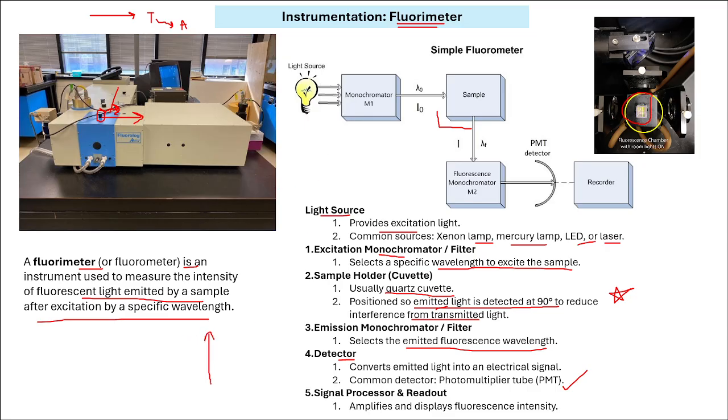Just like in absorbance, in fluorescence spectra also the y-axis represents the fluorescence intensity and the x-axis represents the wavelength. Whenever you are recording the spectra of any sample, you need to take into account that the fluorescence intensity is not too high, maybe not above 1 lakh, because if the fluorescence intensity is too high, it will damage the PMT.